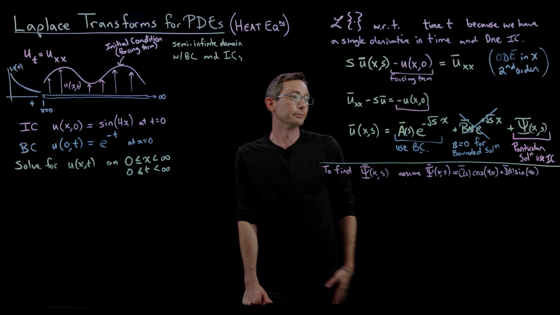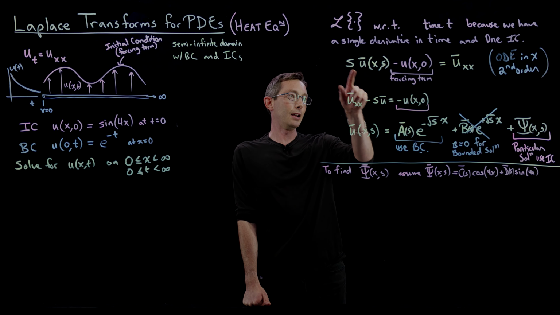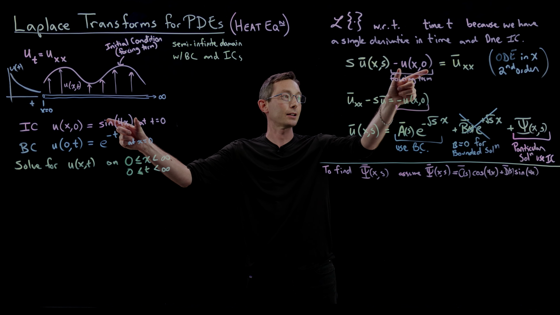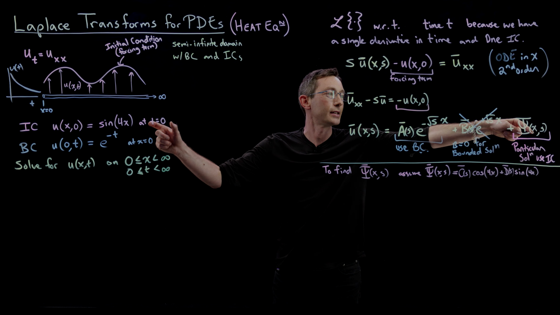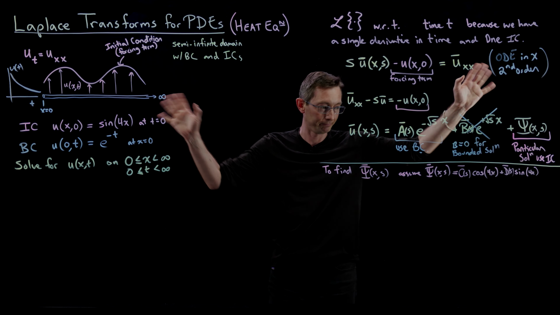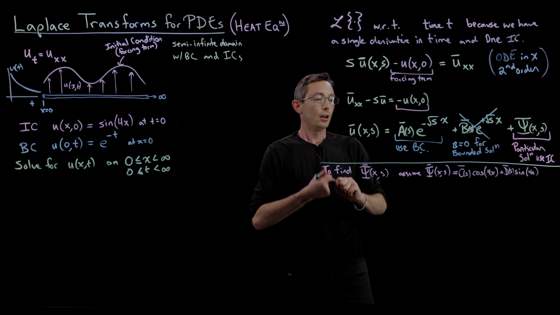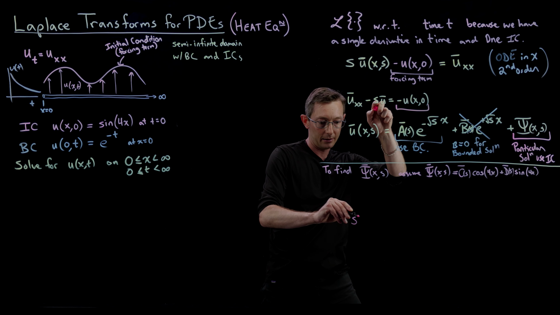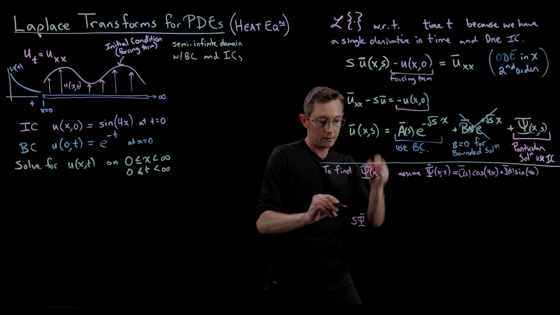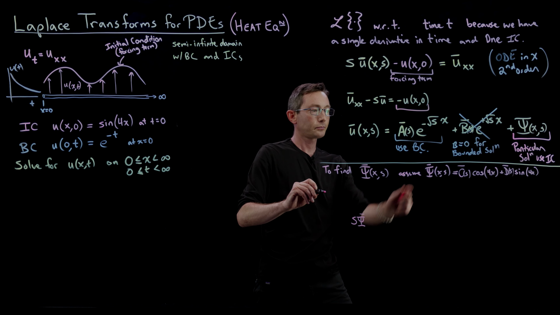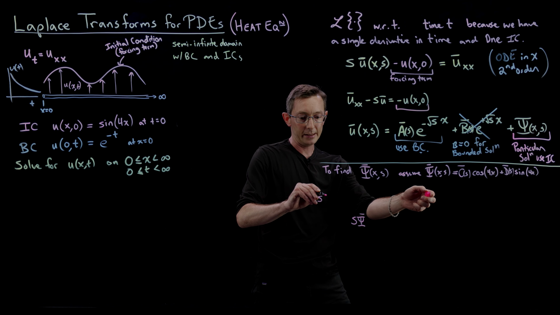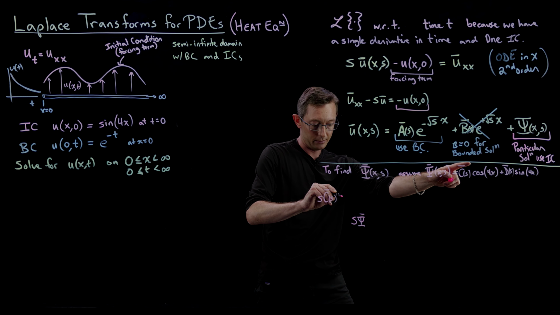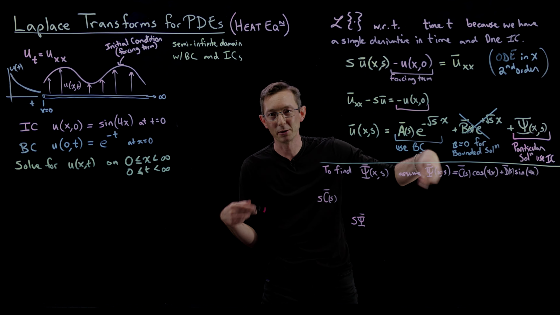Yep, that's what I'm going to do. So I'm going to take s times psi minus sine of 4x equals the second derivative of psi with respect to x. It's a mess. Okay, so s times psi is s c of s cosine. And I'm not going to keep writing cosine 4x, sine 4x.